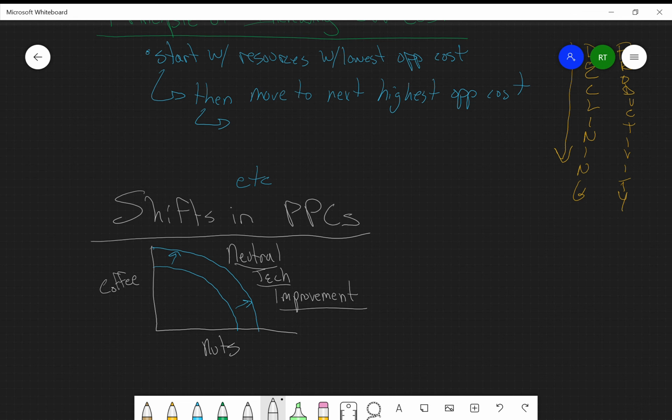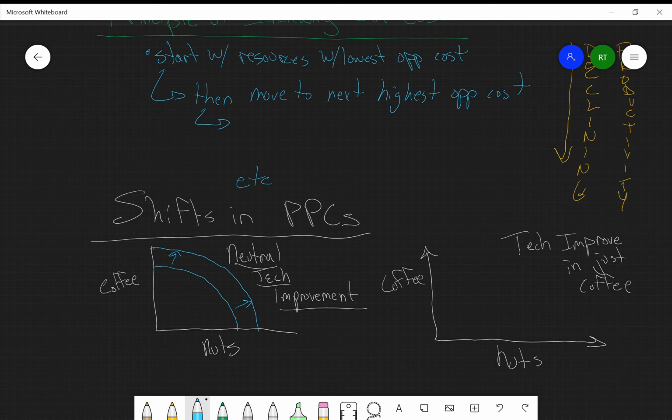If we ended up just having a technical improvement in coffee production, we would end up with our original production possibility curve expanding out, but only around coffee.